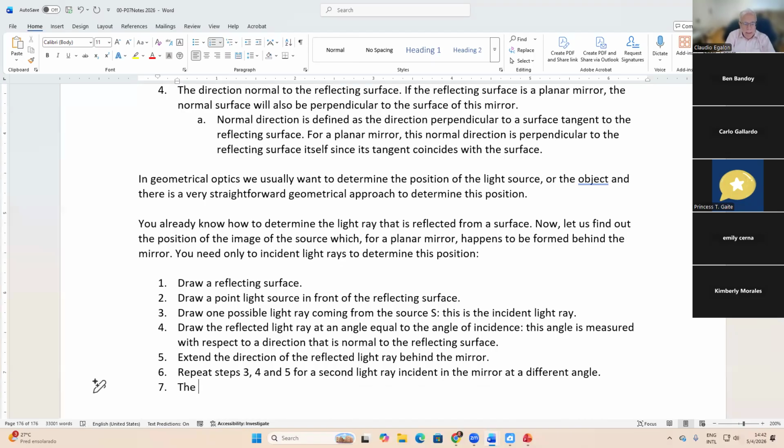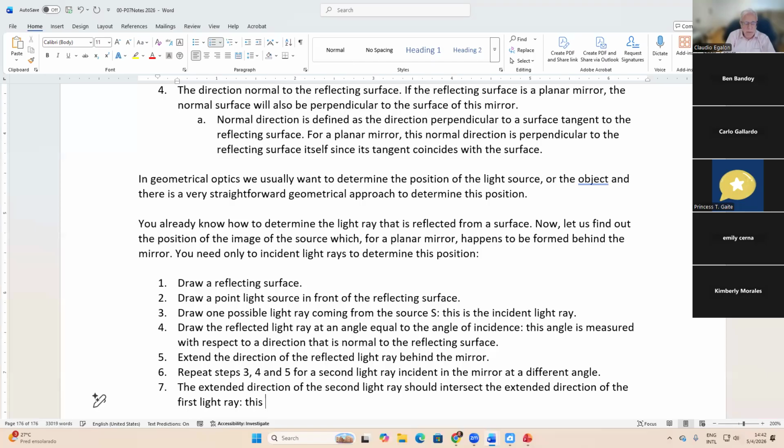The extended direction of the second light ray should intersect the extended direction of the first light ray.